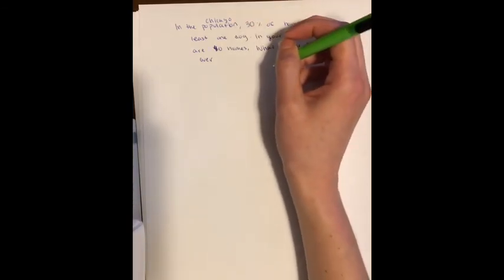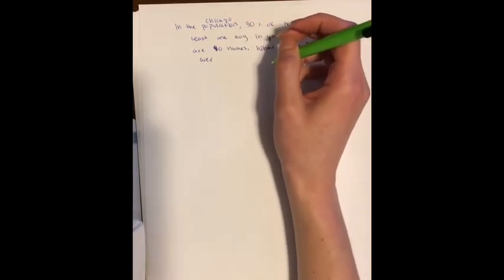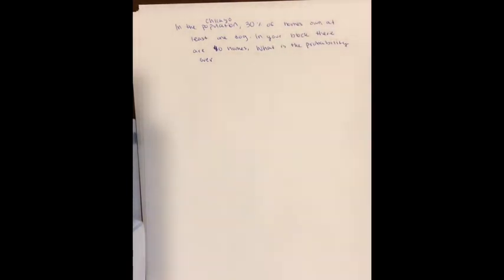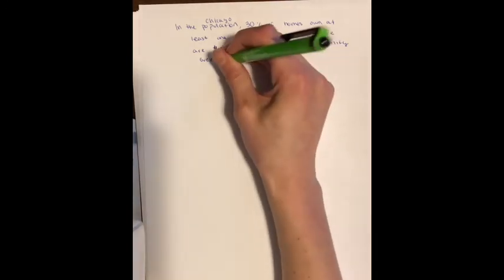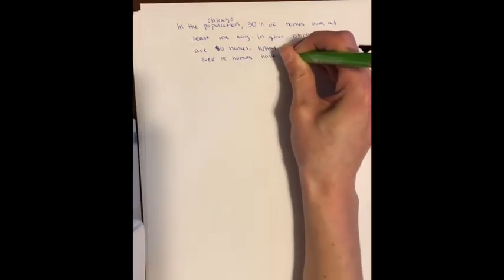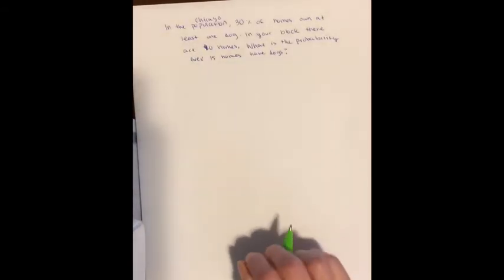What is the probability over, let's say, over 15 homes have dogs? It could be under 15, whatever. I'm just saying over because it's easier to think about.